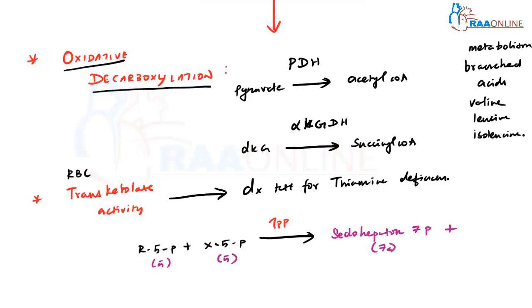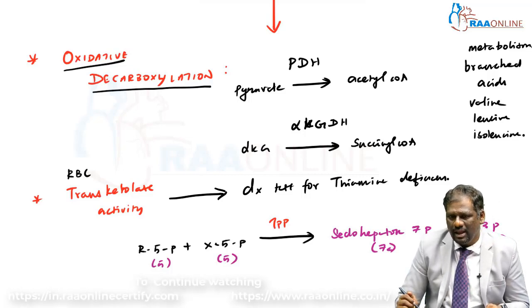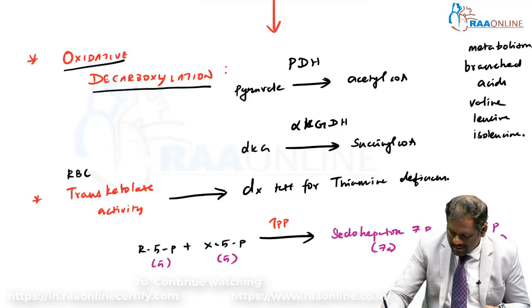So this sedoheptulose 7 phosphate plus glyceraldehyde 3 phosphate, which is 3 carbon. In this process the transketolase level will be examined. With the help of this transketolase activity, you can find the amount of thiamine deficiency.